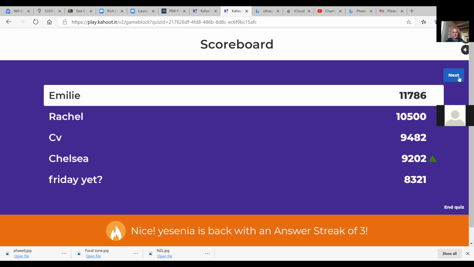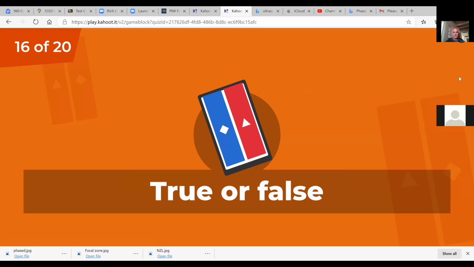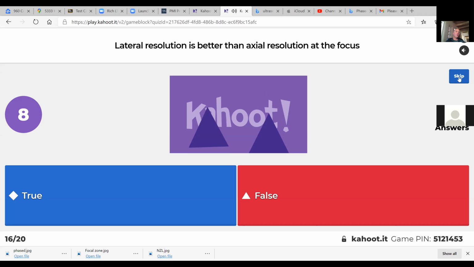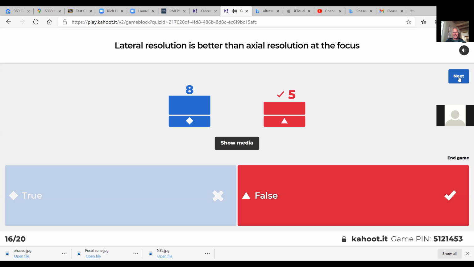Lateral resolution is better than axial resolution at the focus. I think it's kind of the way I said it too.